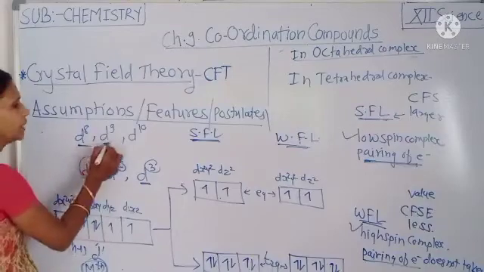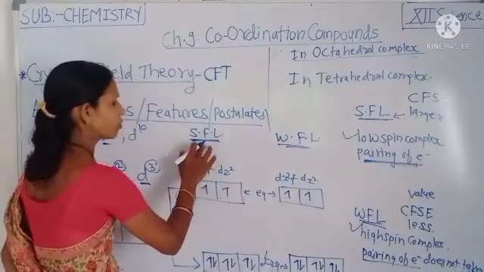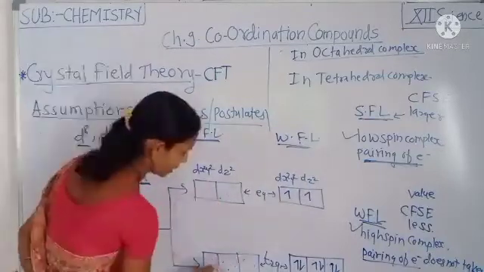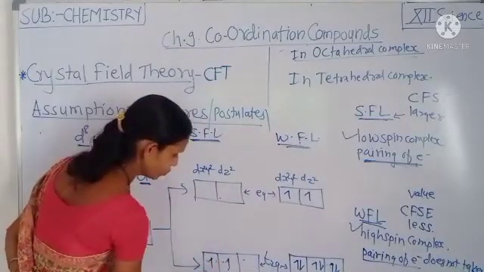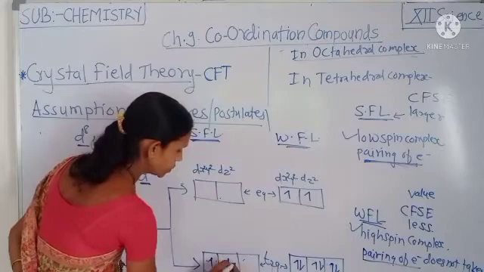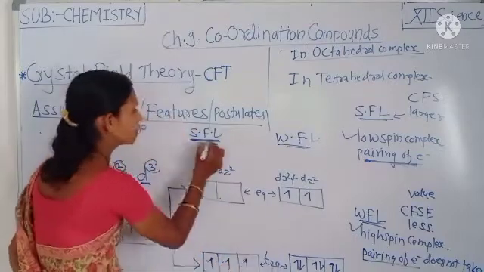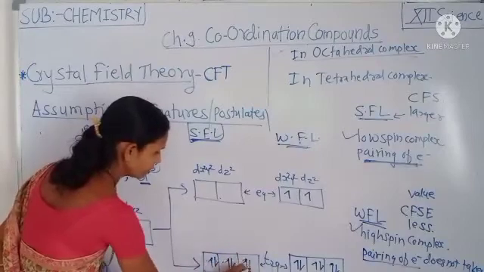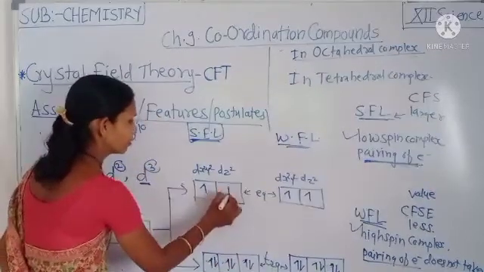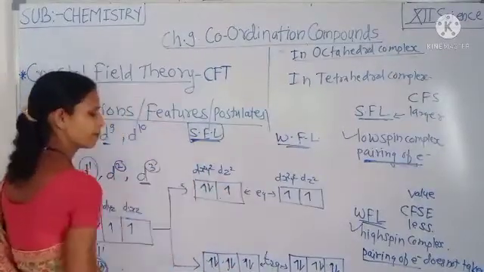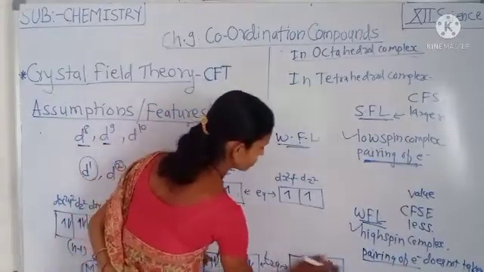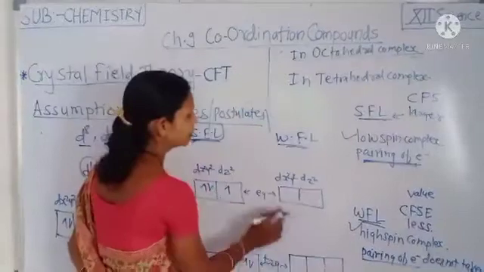Similarly for the D9 configuration, whether a strong field or weak field ligand approaches, the electrons first enter the T2G, and pairing takes place because the strong field ligand is there. Then the 4th, 5th, 6th, 7th, 8th and 9th enter, filling 9 electrons into the split d orbitals.